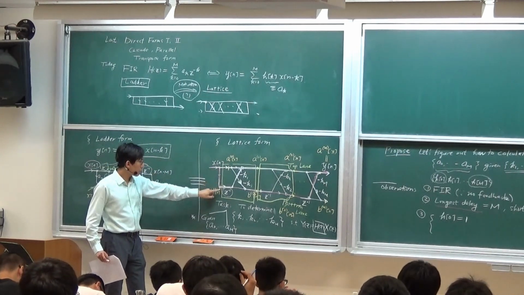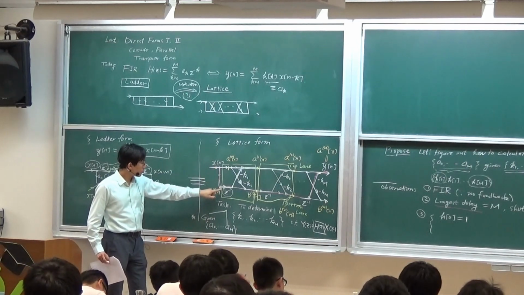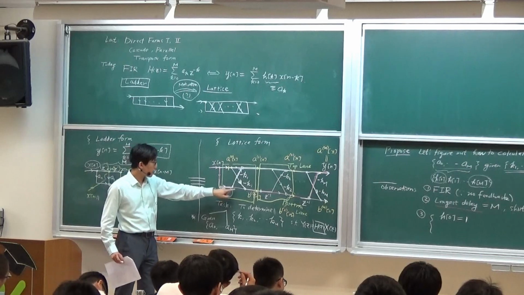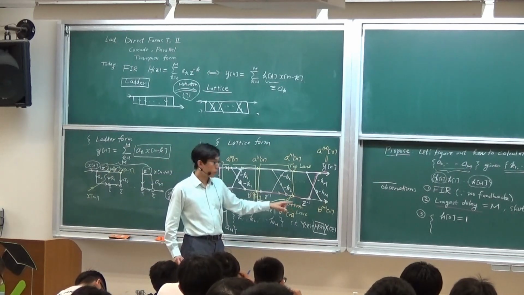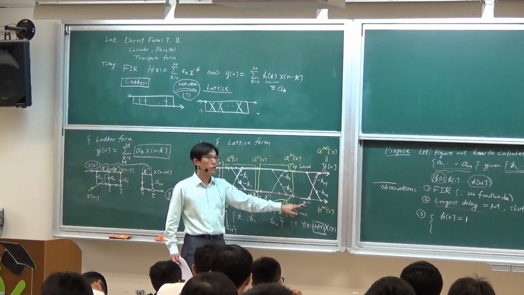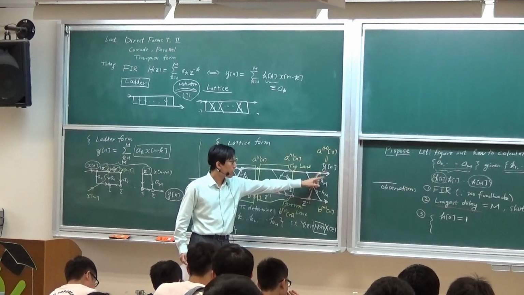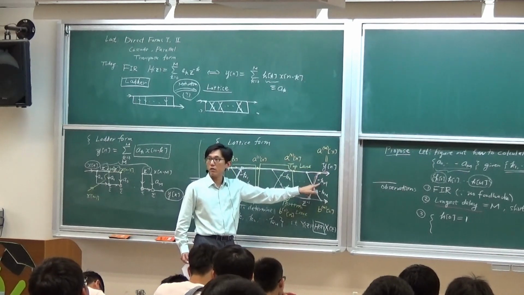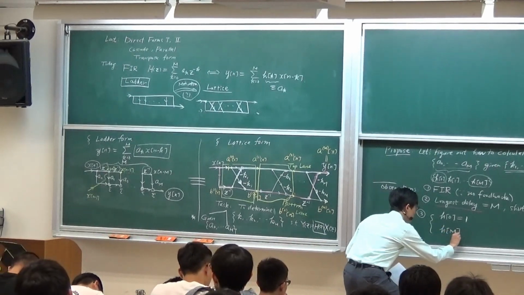So we all look at it here. For this longest delay path, it goes down here, and there's a z inverse, and then another z inverse, and another, and another. So there are a total of n z inverse before it finally switches back to the top lane. And here we have a coefficient minus Kn. So immediately we can reach the conclusion that the last sample should be minus Kn.